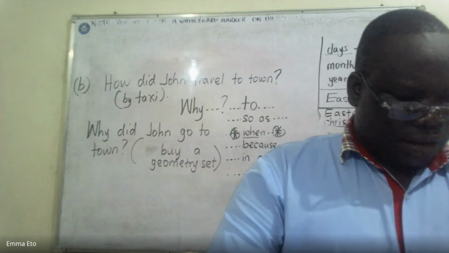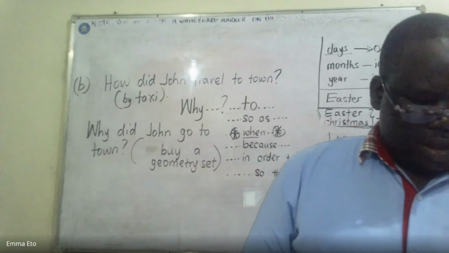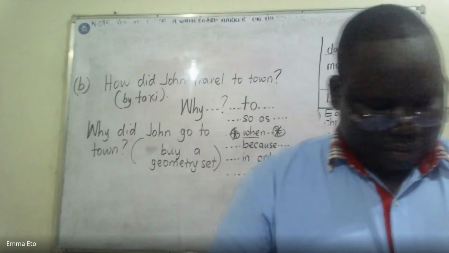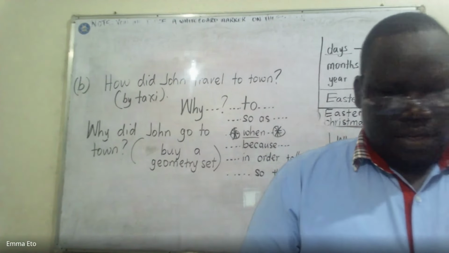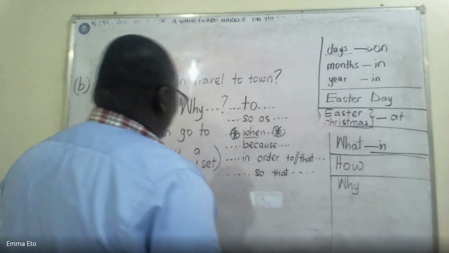Now, there are these questions. Yes, Saint Agnes. Saint Agnes, speak. What if the question is how many people were involved in an accident? How many people were involved? Yeah.